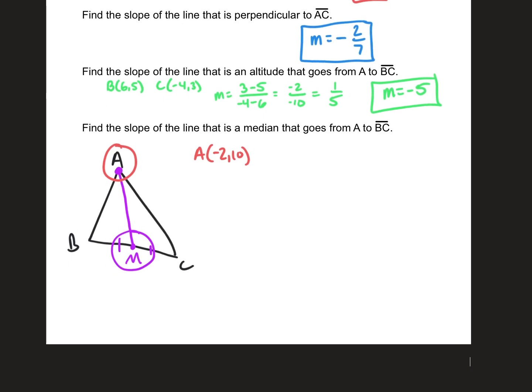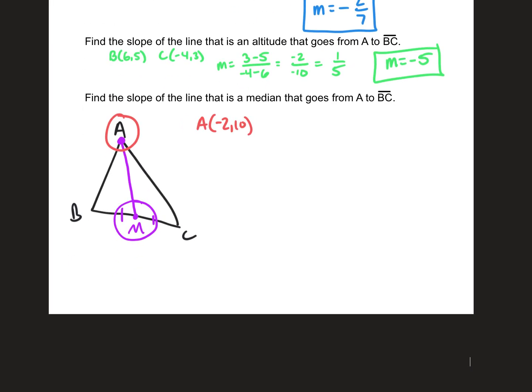So in order to actually do this slope calculation, I need to figure out the actual midpoint location for this side BC. So now instead of doing a slope calculation, I'd actually need to do the midpoint calculation with B and C. Looking up here at B and C, it's the average of the x's, so 6 plus a negative 4, 6 minus 4 over 2, comma, the average of the y's, 5 plus 3 over 2.